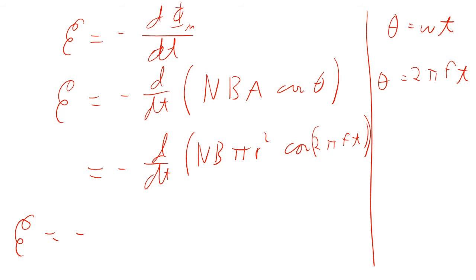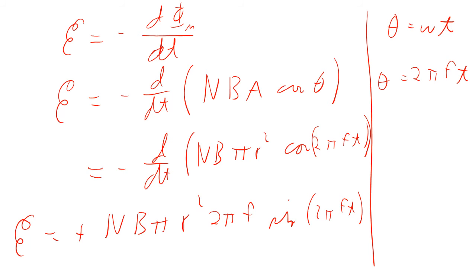So the EMF is minus, so this is going to be equal to N B pi r squared 2 pi f sine, make that plus, 2 pi f t.